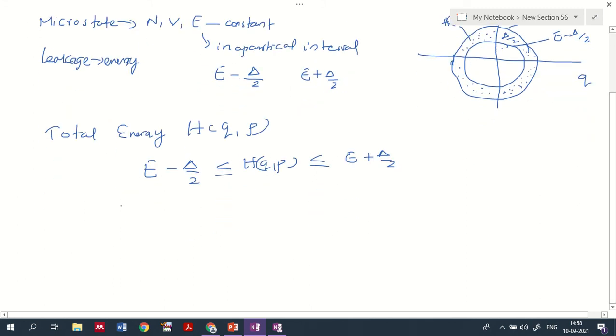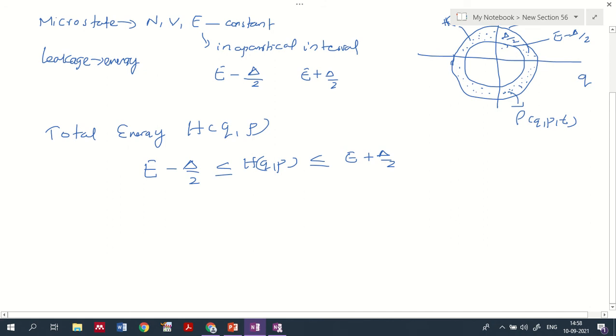In this case, consider the density rho(q,p,t). We have already discussed the density function. Rho(q,p,t) is the density of this shaded, dotted region.